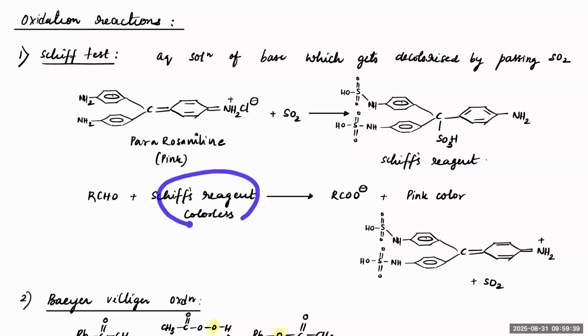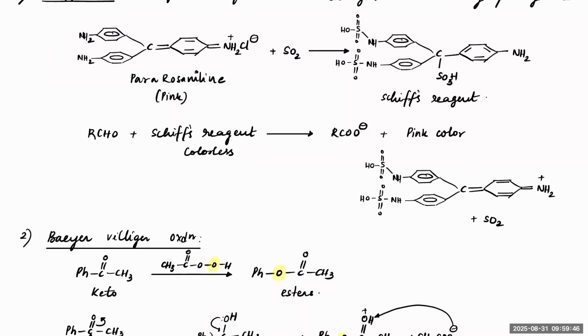Schiff reagent is colorless. Now the minute you react it with an aldehyde here, correct? This part of the sulfur will help in oxidizing the aldehyde and it will be removed out. This part of the sulfur dioxide will come out as SO2 again and be removed.